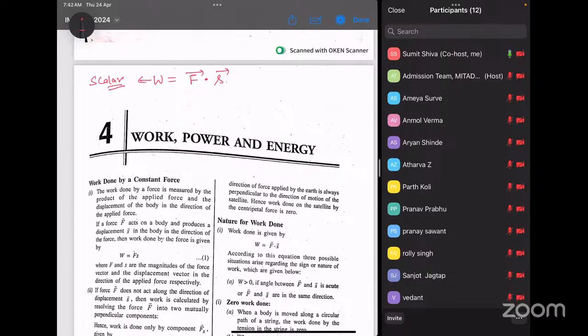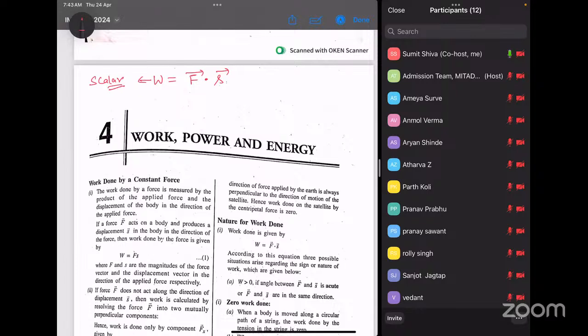The second point about work done is that in a system, there may be different types of forces present. So if you want to find out the work done by a specific force, you have to mention that force. Whenever there is a question about work done, there has to be a specific force due to which we want to calculate the work done. So work done will be calculated for a specific force.